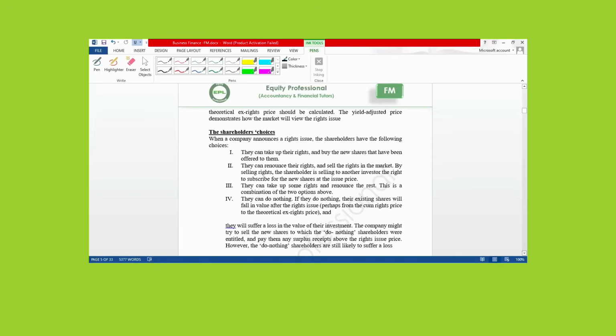By selling the rights, the shareholder is giving another investor the right to buy the shares at the issue price. So you can choose to sell your rights to another person to buy the shares.